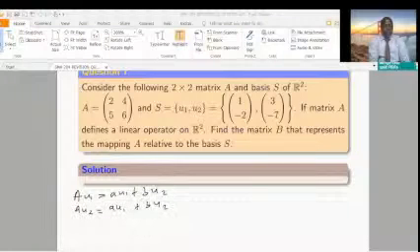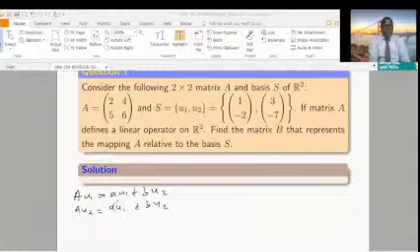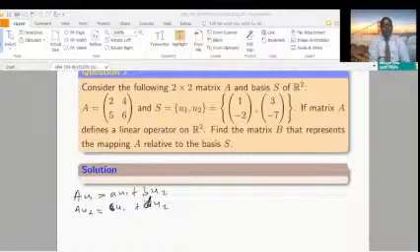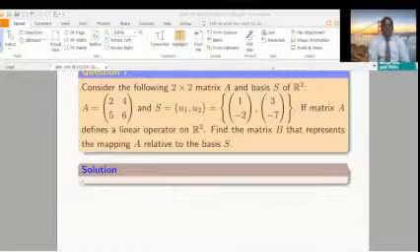This is what the question wants us to find. And then after doing this, we write this as columns, just as we did in question 6. So let's find A of U1.